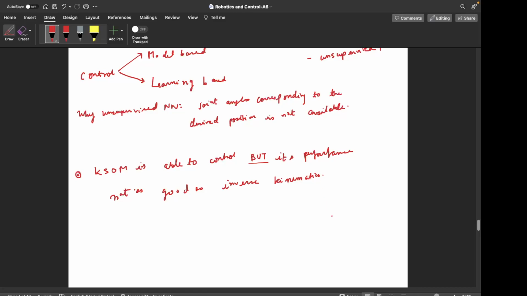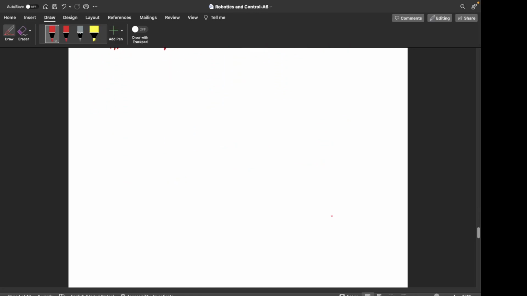Okay, if this is the end effector position, then you can get a closed form solution of what the joint angles would be. So obviously it would be much more accurate. It might be more computationally tedious, but it's more accurate, at least in this case, than KSOM. But yeah, KSOM also does the work.